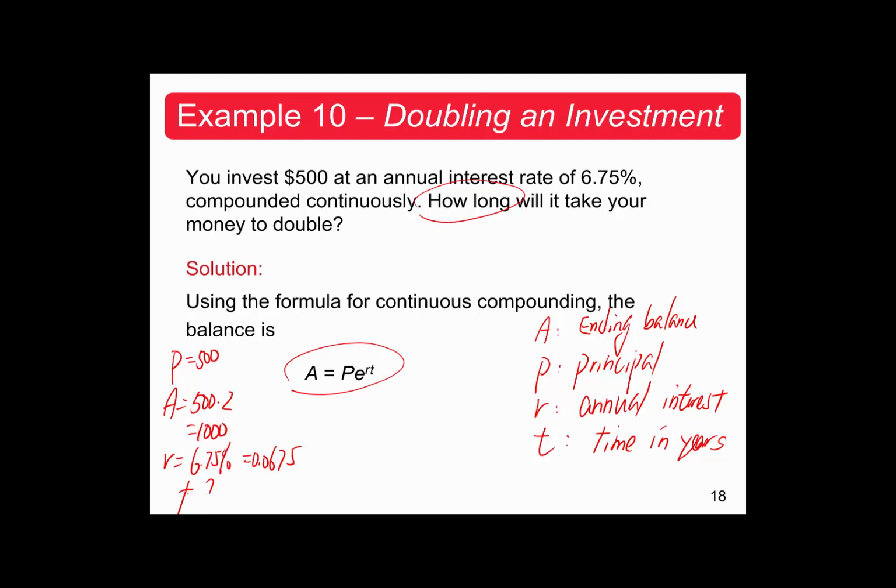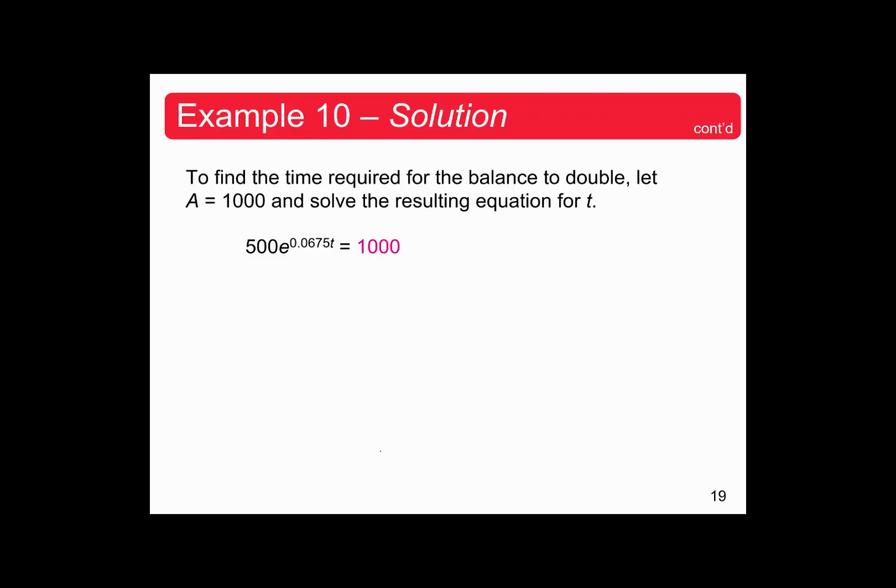We're solving for time t. Okay, so now next step, you plug in all the numbers into the formula. So basically find the time required for the balance to double. Then we set up this equation by replacing A, P, and r. Now you have to solve for t.